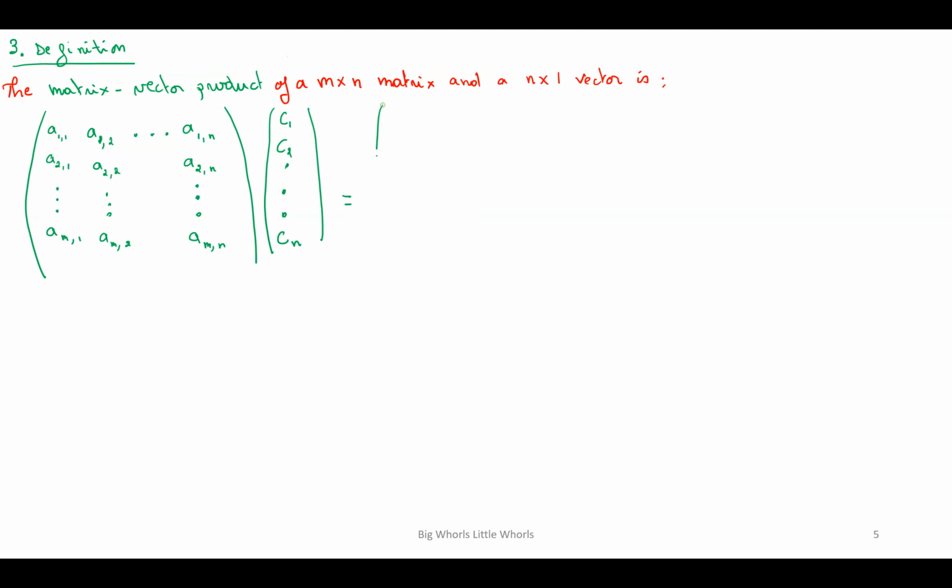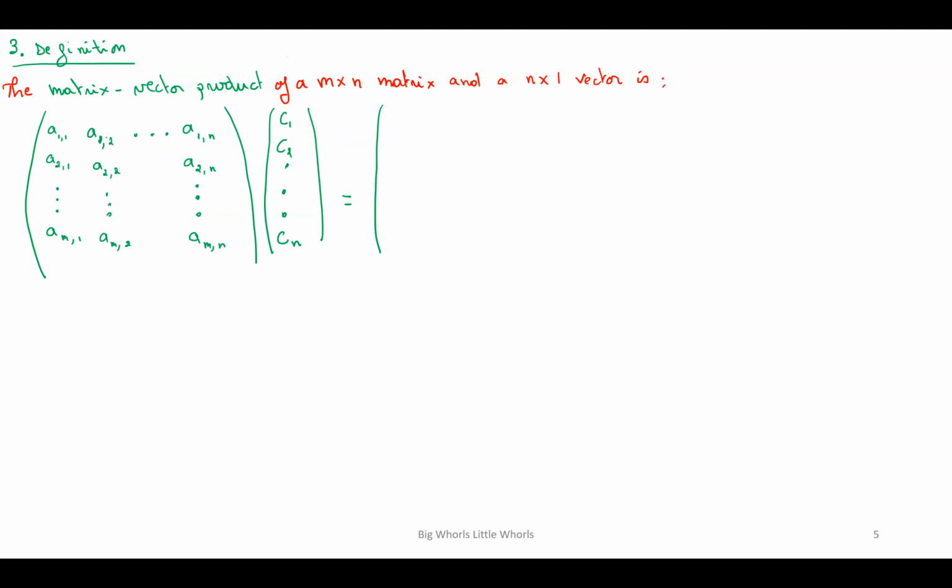This is going to be, so we do the dot product of the rows of the matrix with the column of the vector. So we pick that row, multiply by that column, okay?